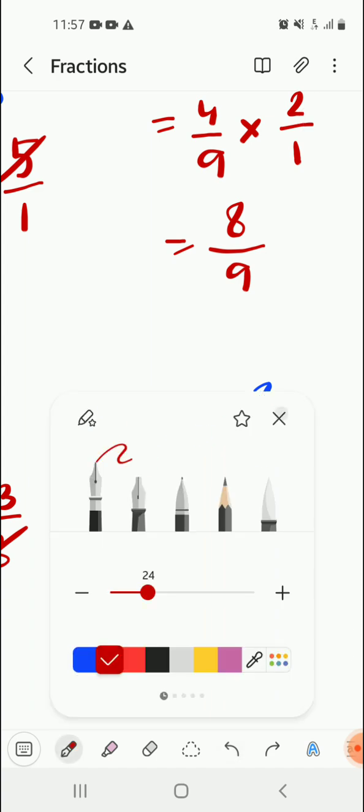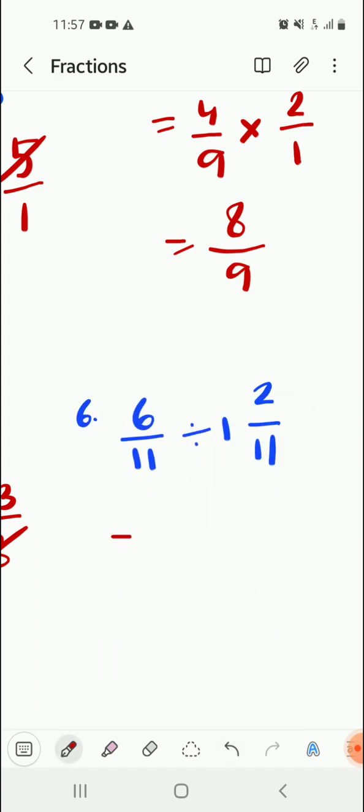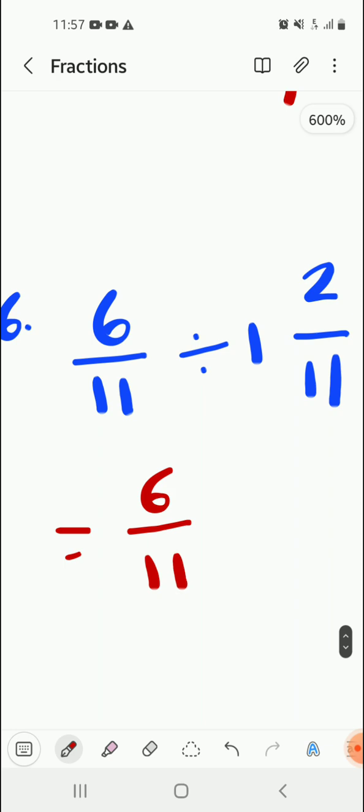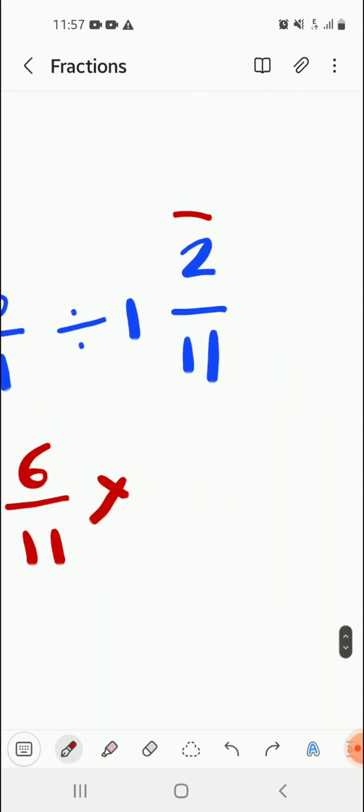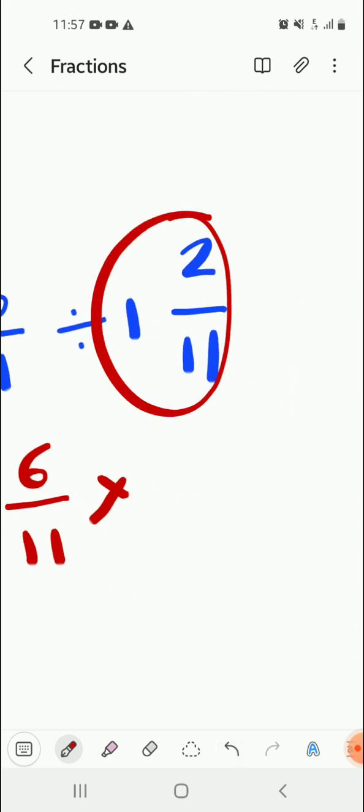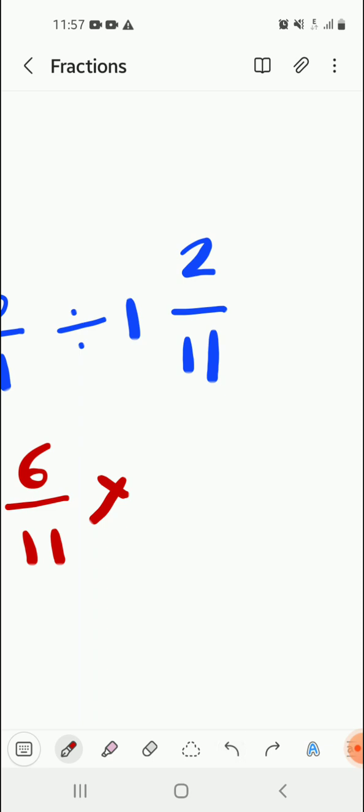So the first step will remain the same, that is copy the first fraction 6 by 11. Second step also remains the same, convert the division sign into multiplication. Third step, we are going to first convert this number.